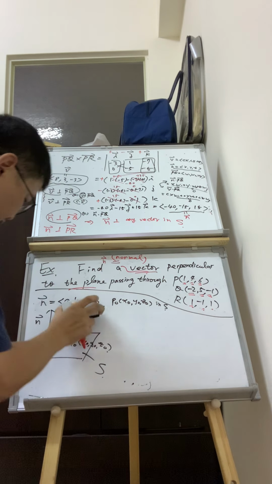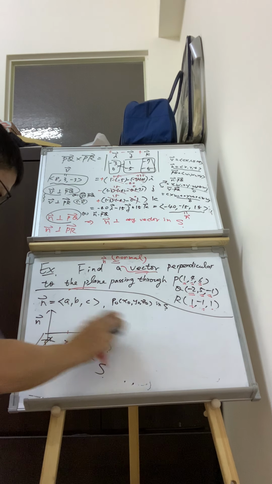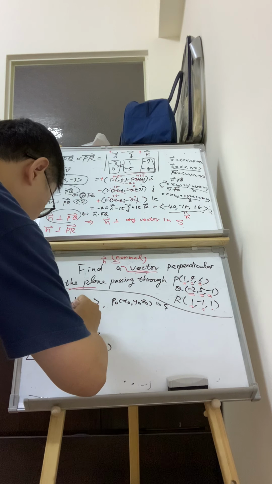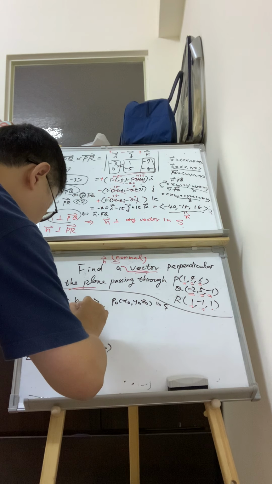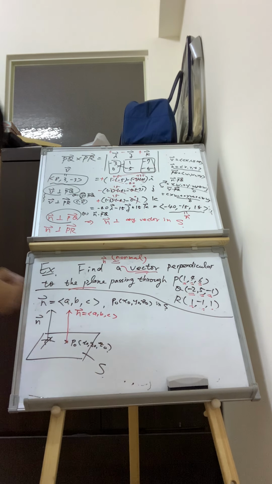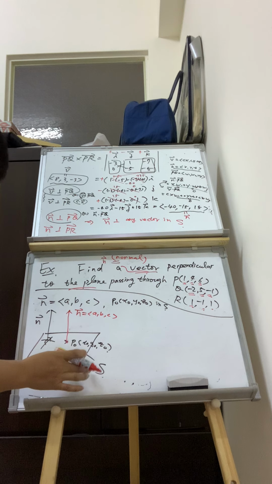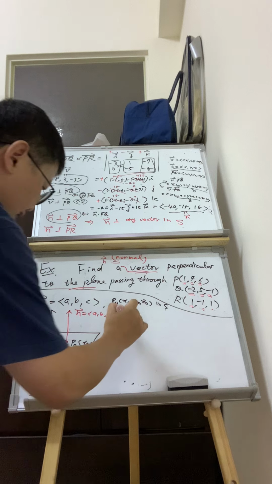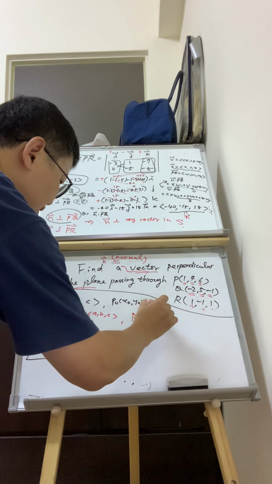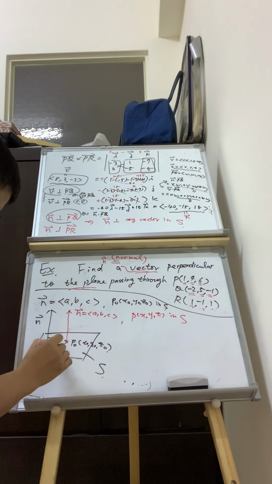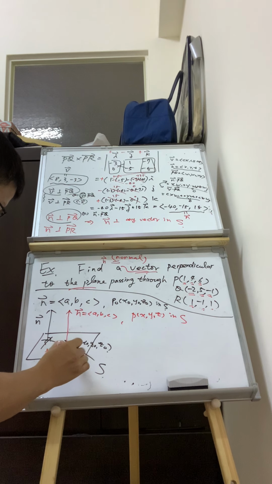It's our normal vector n, and the vector is (A, B, C). Now for any point P = (X, Y, Z) in the plane S.